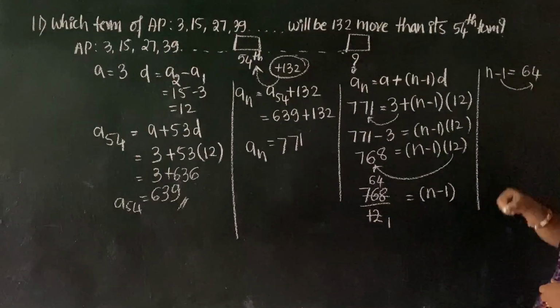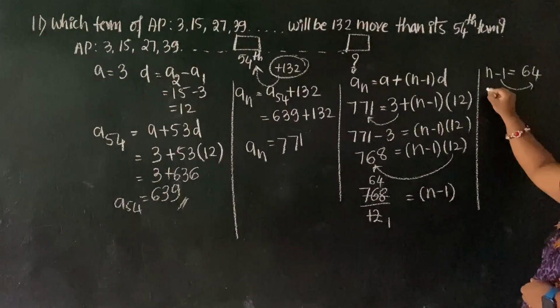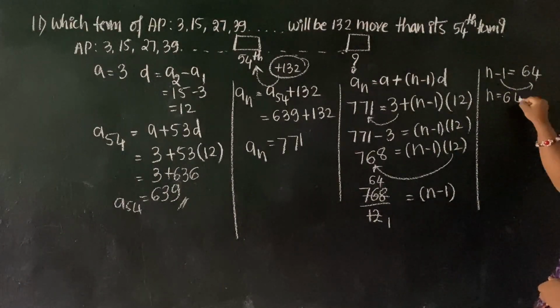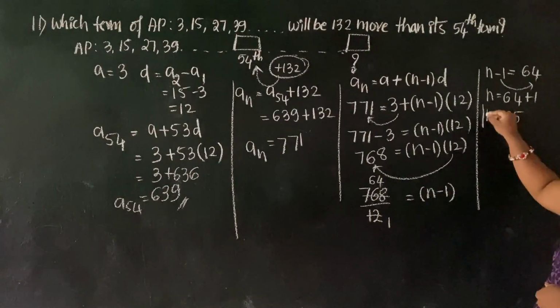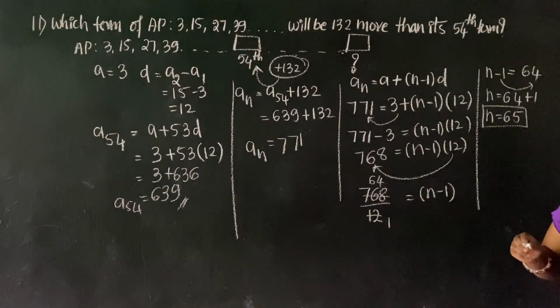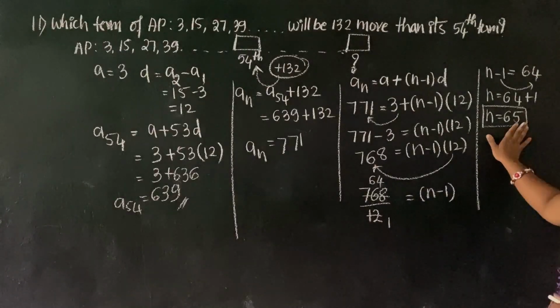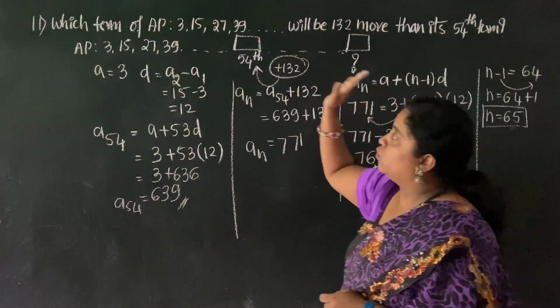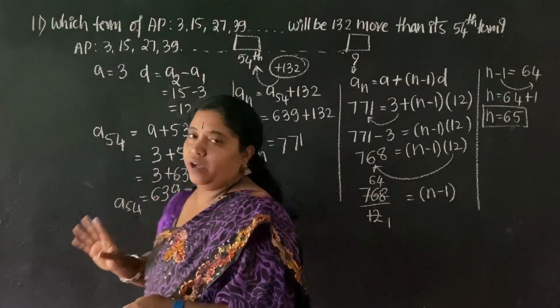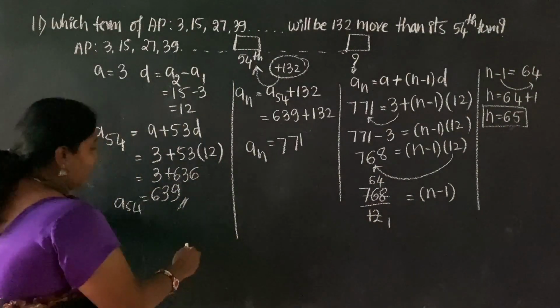Bring this minus 1 to this side. Minus 1 turns to be plus 1. So 64 plus 1. What is the n value I am getting here? 65. So I can say here, dear, 65th term of the given AP is 132 more than the 54th term. Yes or no? What I can say at the end, dear?